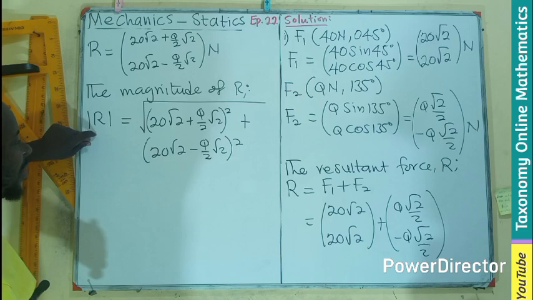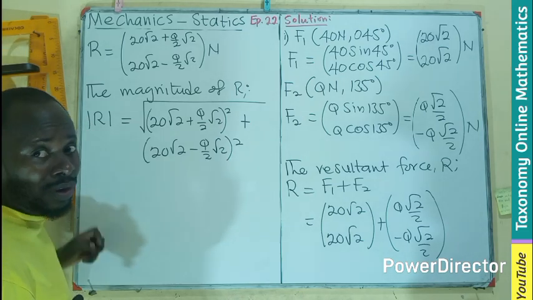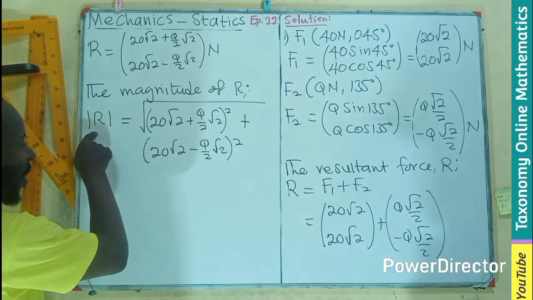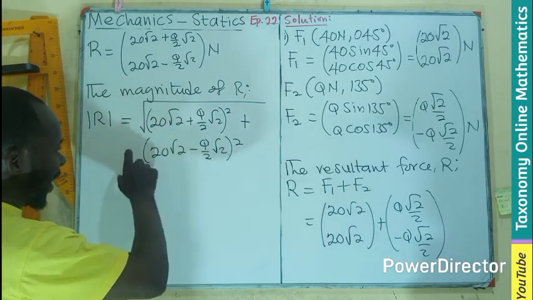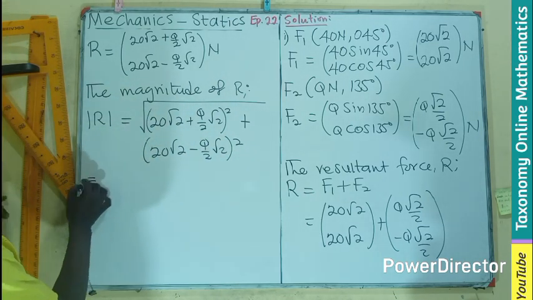Remember, this is given in the question as 50 Newton. So we can write 50 Newton equals all of this. But let's expand first and see.